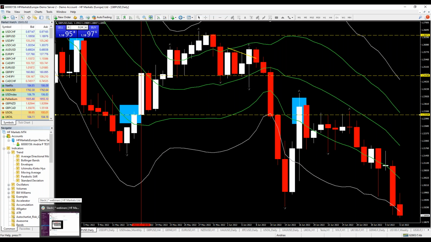This way, we are locking the 50% of our position. We're closing the 50% of our position. We are locking the 50% of our profits. And then the other 50% of the position will remain open until it breaches our second target. Is that clear now, Christopher? I'll wait for your reply.